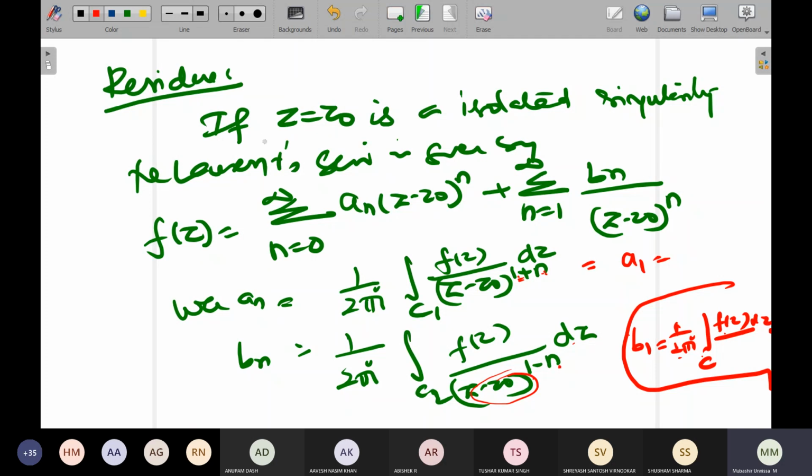So what I was talking about: if z is equal to z naught is an isolated singularity, the Laurent series is given by this, where an and bn are these.